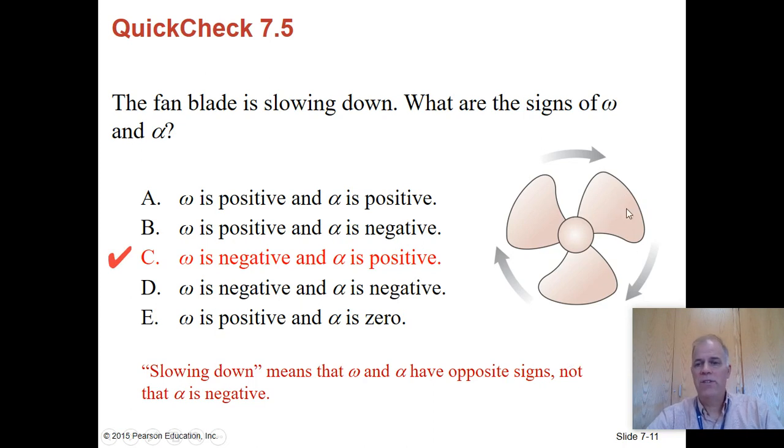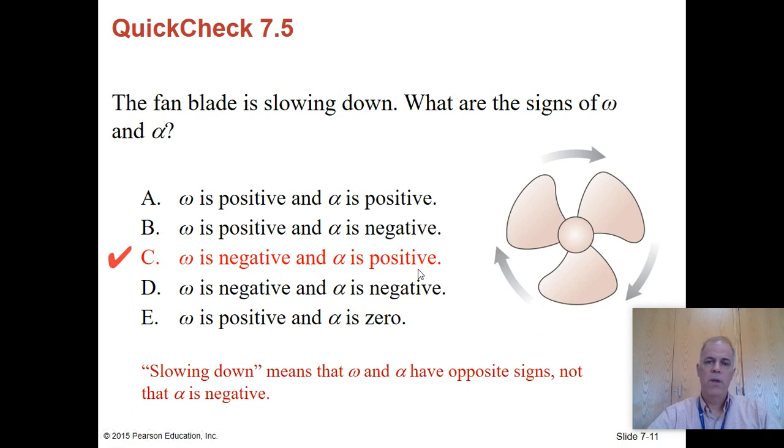So clockwise is negative by the normal convention, and counterclockwise is positive. So the rotational velocity, the direction it's turning, is clockwise, which means it's negative. That's the negative. But it's slowing down.